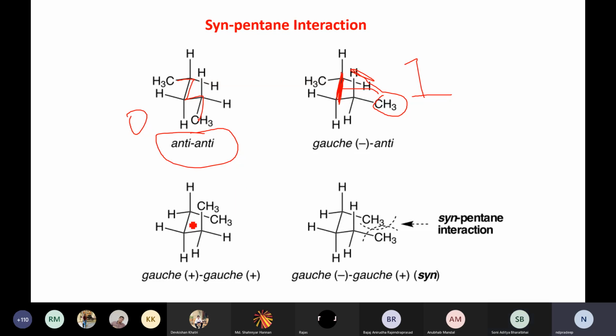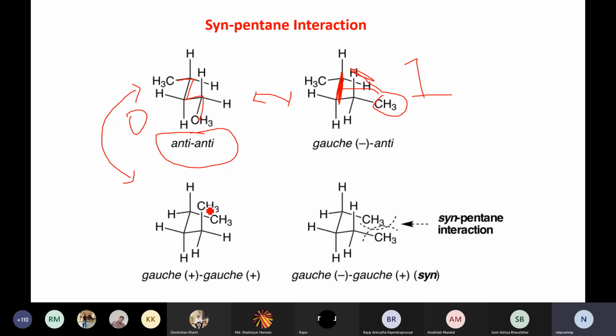So now here you see, I have flipped this methyl again. From here to here, what I did: I just flipped one of the methyls up. So I got one gauche. From here to here, I can flip two methyls up.